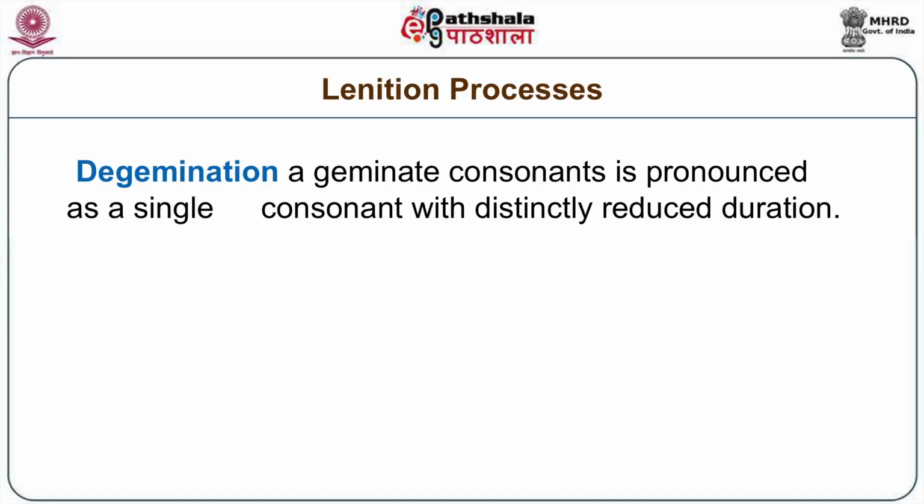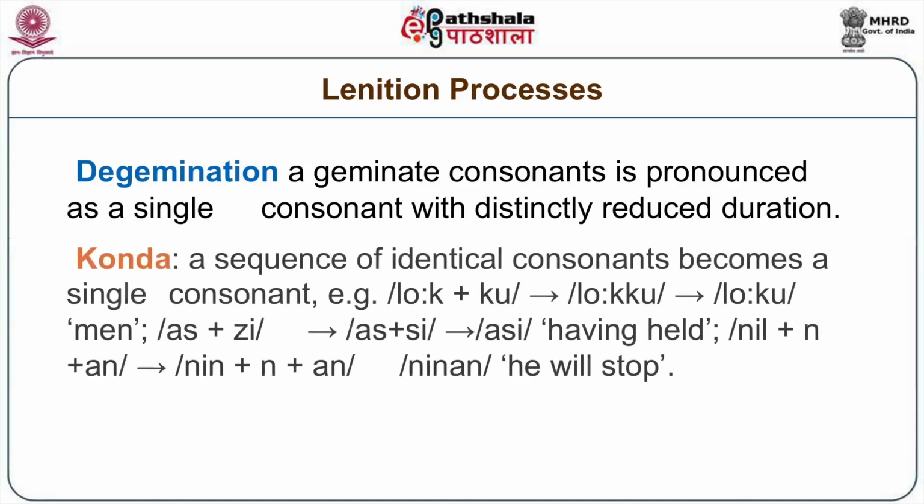Some examples are from the Dravidian language Konda, when because of word formation two consonants come together, that is, a morpheme ends with a consonant and the next morpheme begins with a consonant, then in place of the two consonants we have a single consonant.